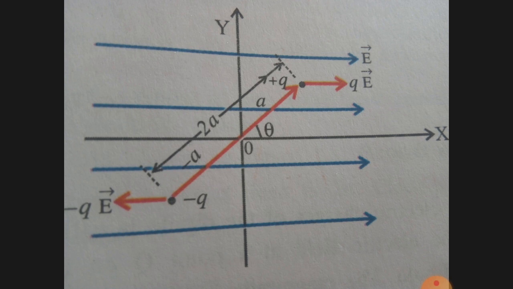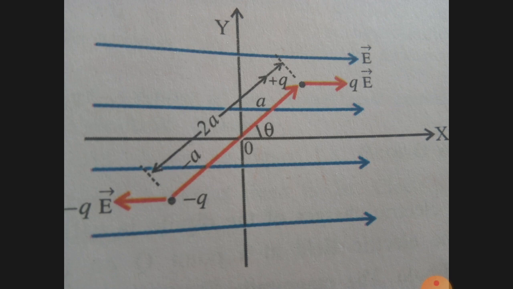So the total or resultant torque acting on a dipole, tau vector, equals vector a cross qE vector plus again vector a cross qE vector.